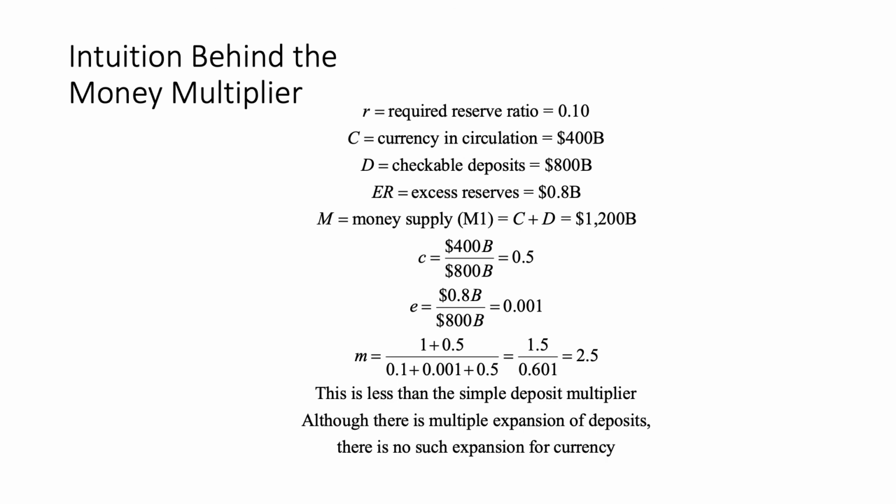Now, keep in mind that if this were simply a model of very simple deposit creation with zero currency preference and zero excess reserves, then the money multiplier would be 10, right? 1 over 0.10. But these factors that reduce the size or the power of the money multiplier are certainly in play here, notably very large currency holdings among the public, and that's reduced our money multiplier from 10 down to 2.5.